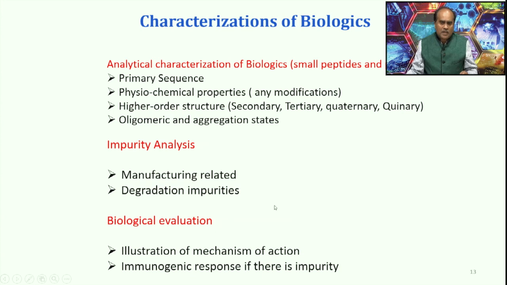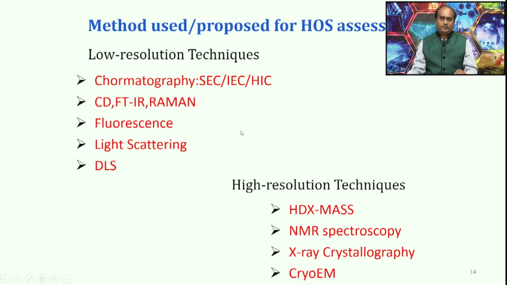Finally, you do biological evaluation. So you will state the mechanism of action, whether this drug is binding to the correct receptor, and what is the response after the receptor, that has to be done. Now, the impurity analysis is very important because if there is an impurity, it causes immunogenic response. So therefore, together with correct folded structure, your oligomeric state analysis or aggregation analysis is very important.